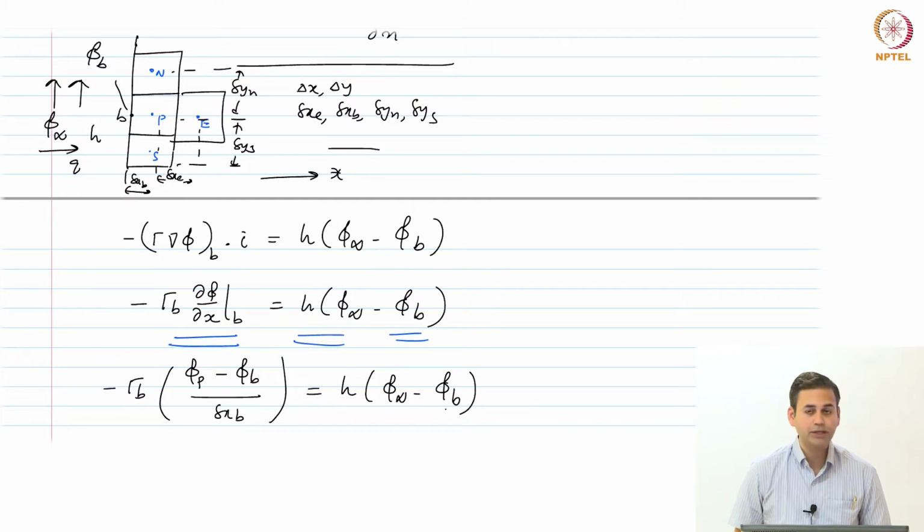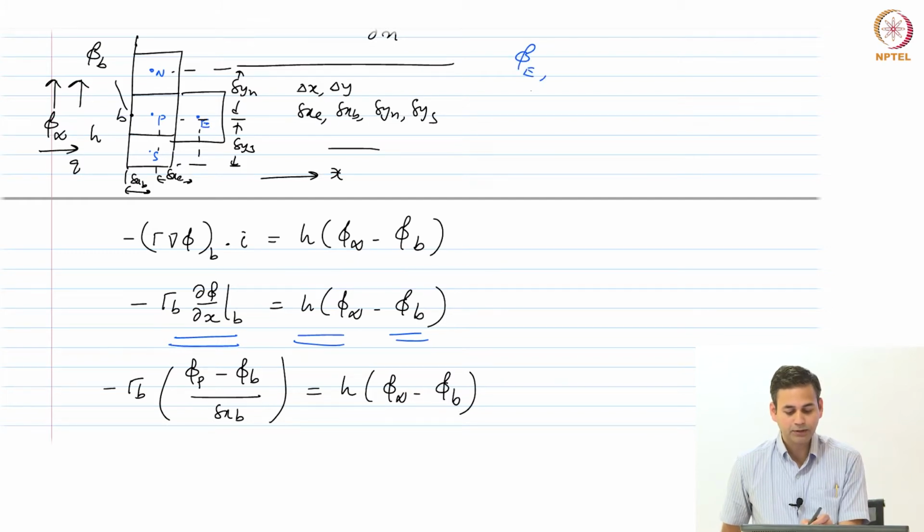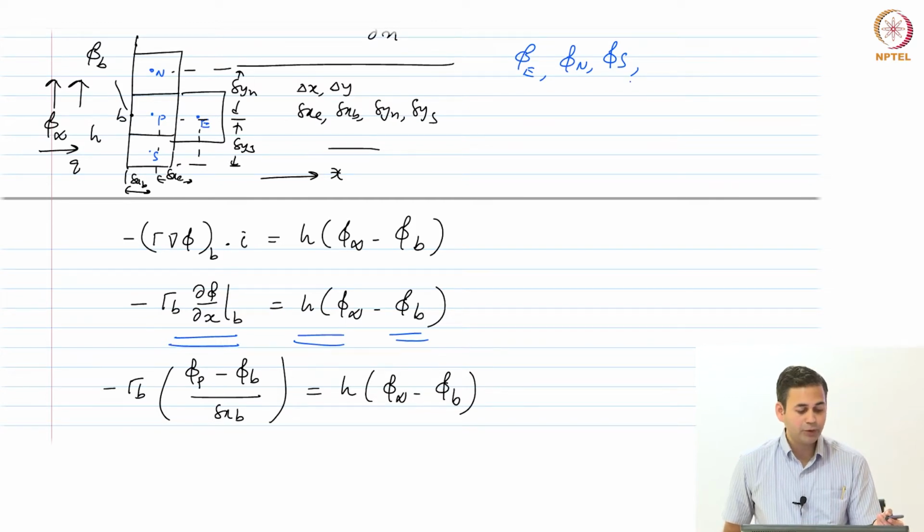Now the idea here is that if you discretize the P cell, you are going to get the dependent variables phi east, phi north, phi south, and, if you discretize here, you would probably get phi b as well. Let us not have phi b in the picture.